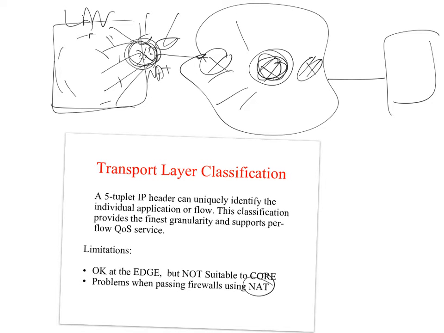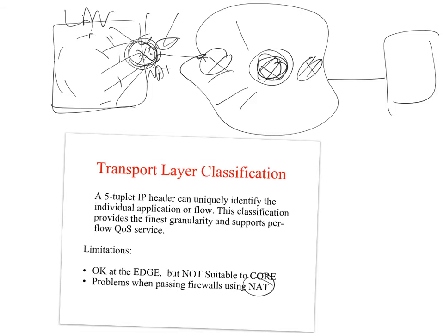So we hide the identity of the end-to-end connection, and in that case we cannot provide special behavior for this end-to-end connection because the source address and the source port have been modified. Again, if you don't remember NAT, you need to go and refresh your memory about how network address translation really works.